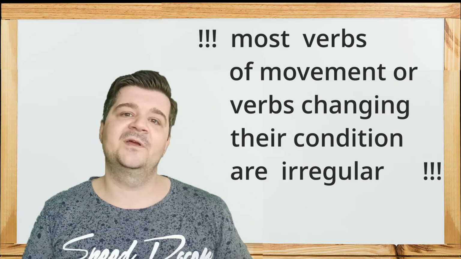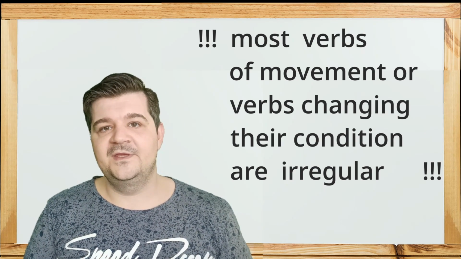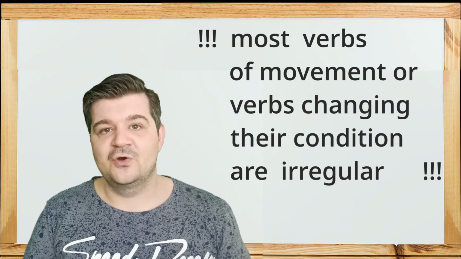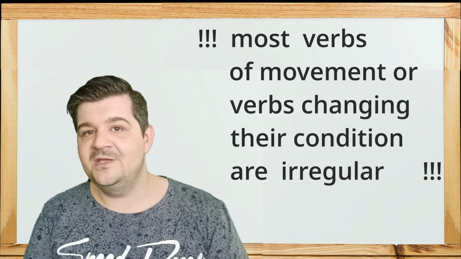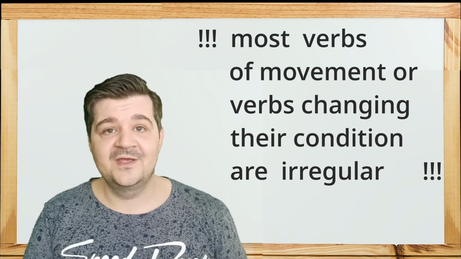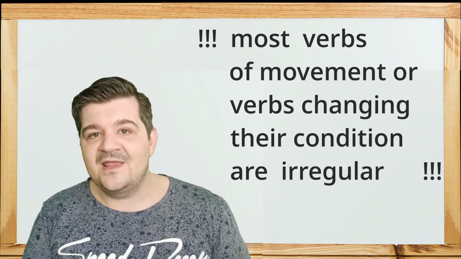Also very important to know for the present perfect tense is that most of the movement verbs, verbs that show you a movement from A to B, which is the actual definition of movement, moving from a start to an end.